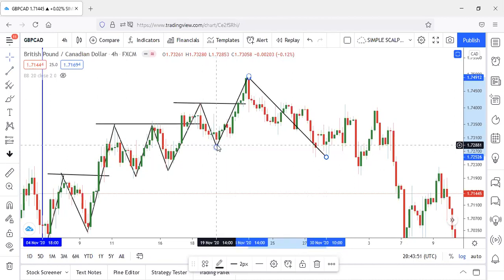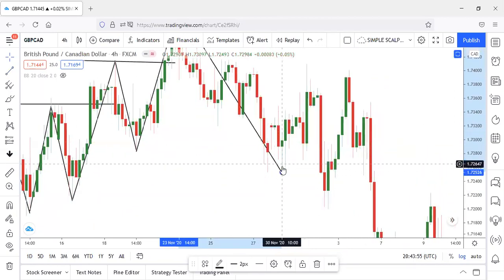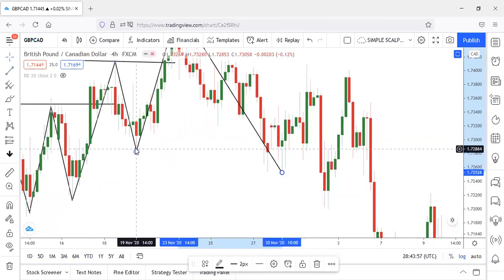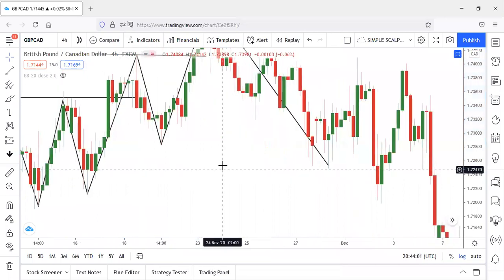Yes or no? Everybody type in something in the chat. Has this point gone below this one? Yes or no? Type in yes or no in the chat.